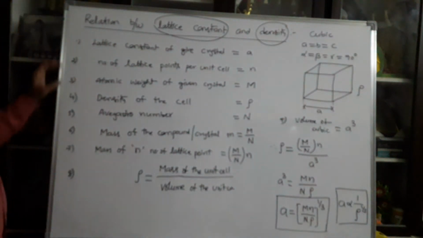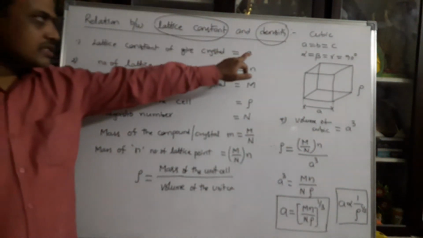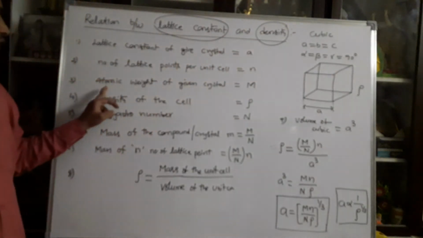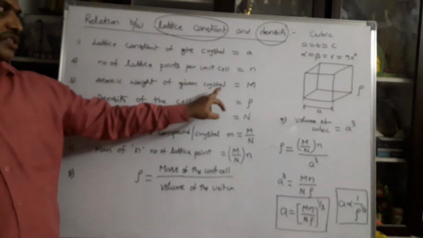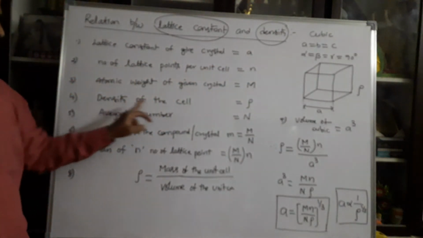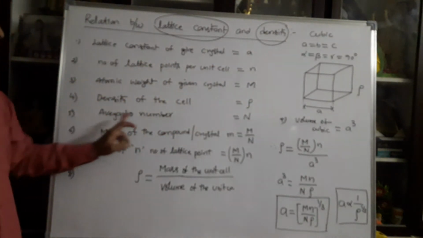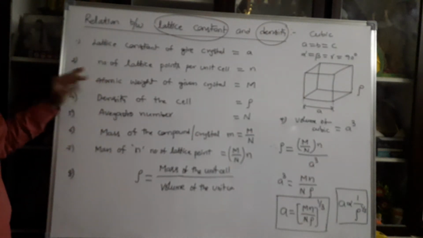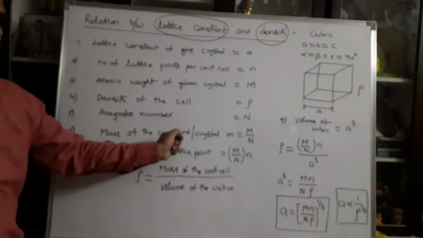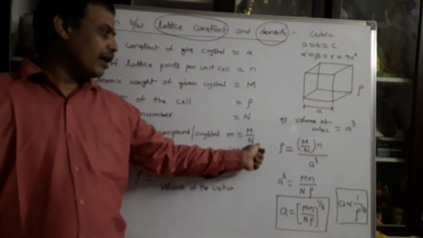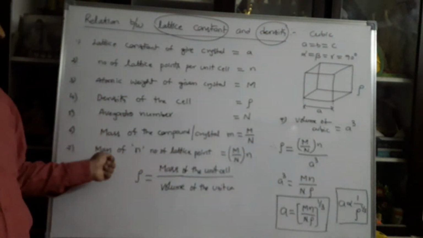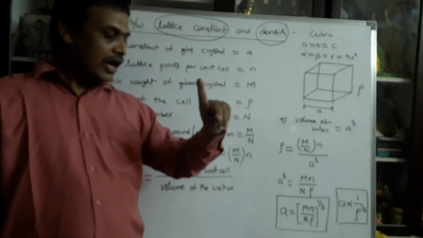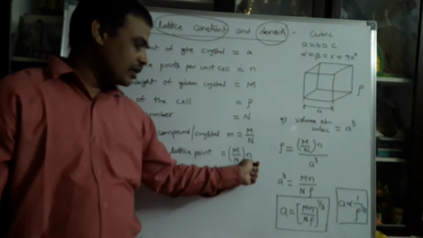I am assuming the lattice constant of the given cell is a, the number of lattice points per unit cell is small n, the atomic weight is capital M, the density is rho, and the Avogadro number is capital N. The mass of the crystal is M by N for one atom, and for n lattice points it is M by N into n.